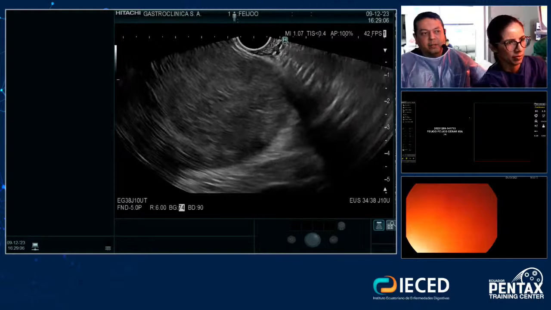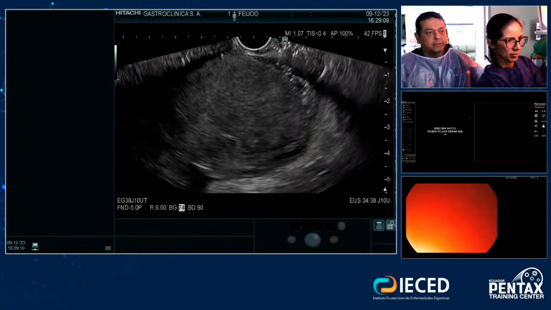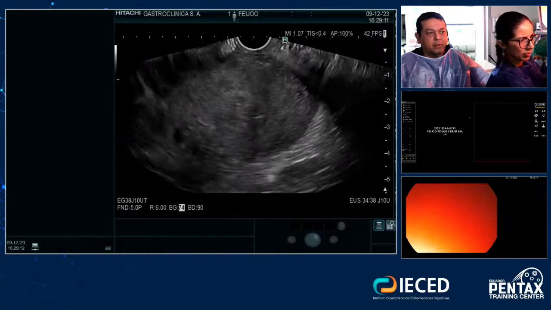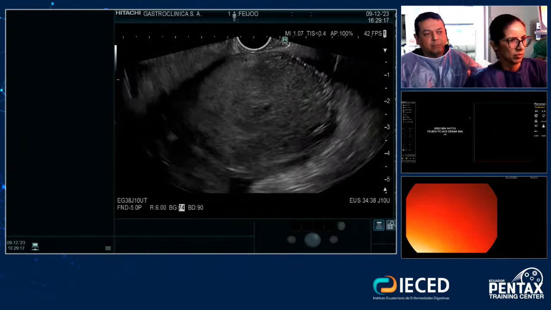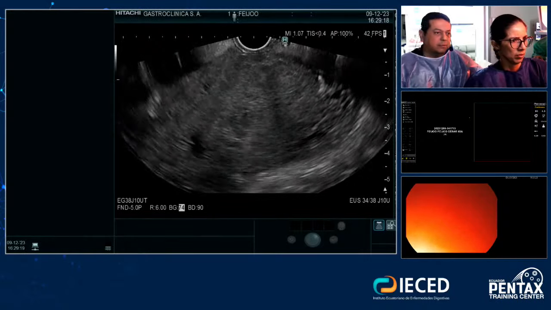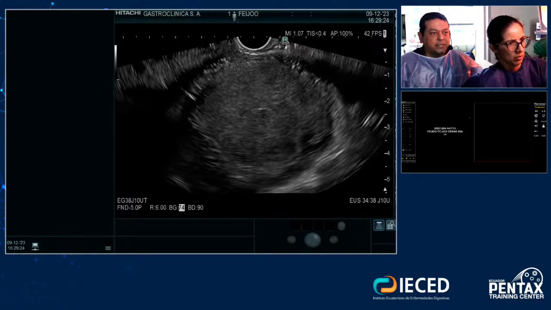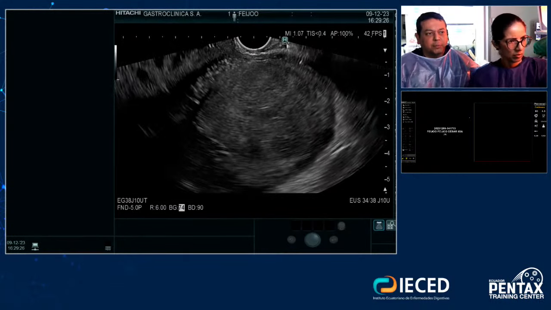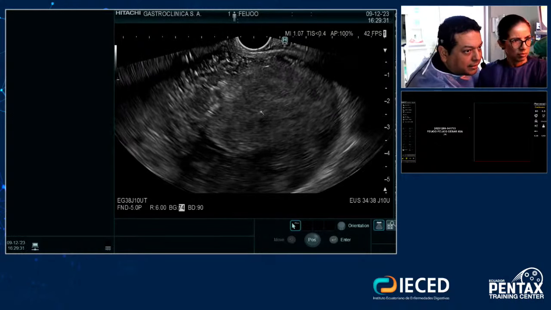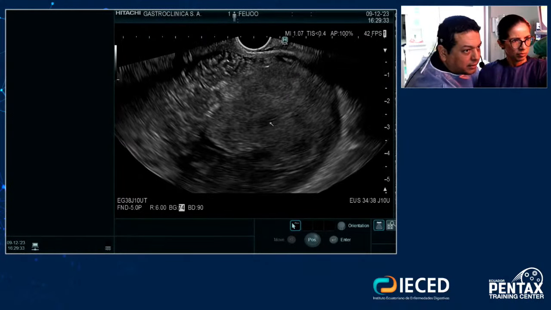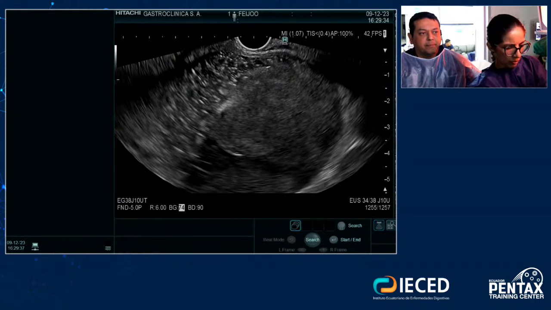This patient has a history of weight loss and jaundice, and MRI showed a mass that was not very well understood. What we see here is that this mass is coming from the gallbladder. This is the gallbladder, and this is the mass inside. But this mass is also occluding the biliary tract.